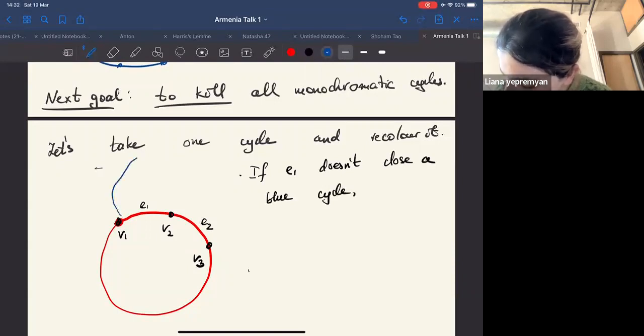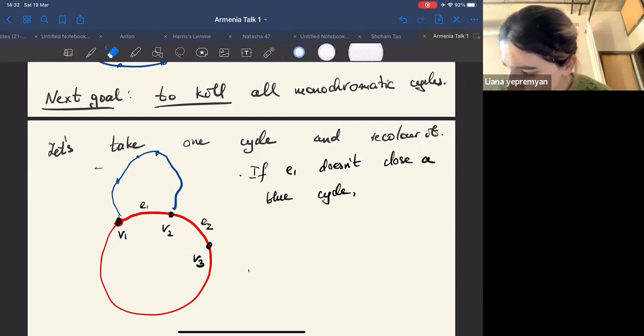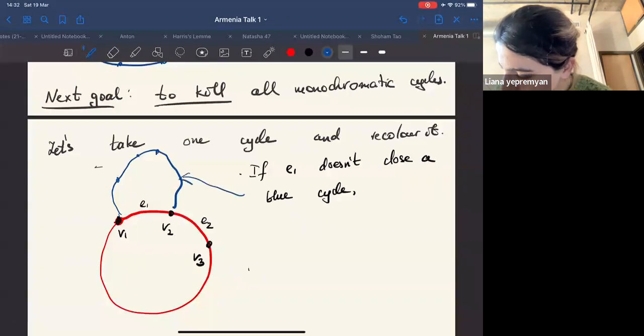If I don't have a path that goes like this, all blue, and the endpoints are V1 and V2, then such a path does not exist, which means that I can actually recolor this edge to blue because I won't have a problem. I won't create a new cycle. So something like this does not exist, which means that we can recolor E1 to blue.